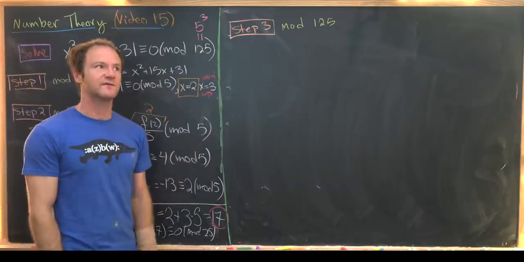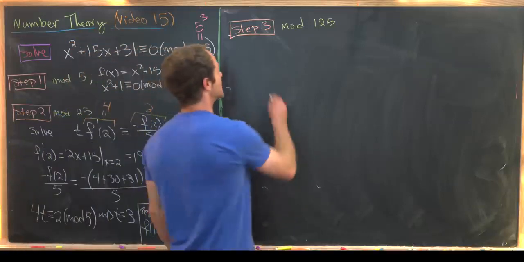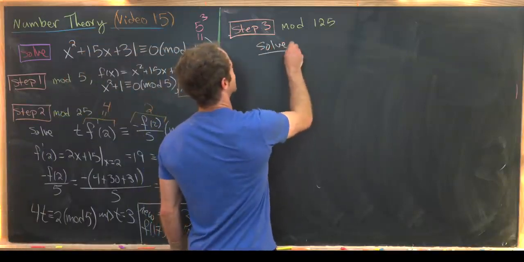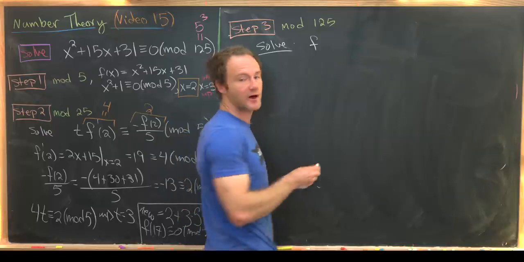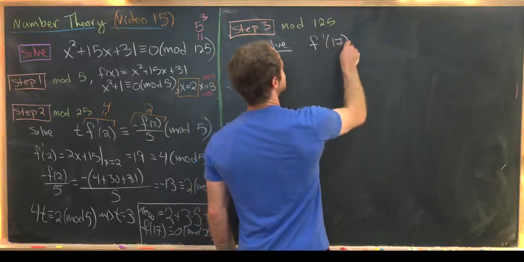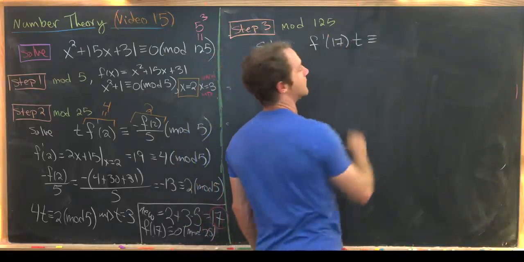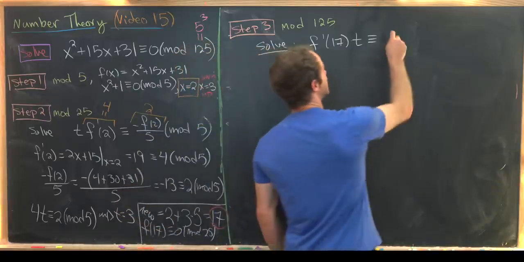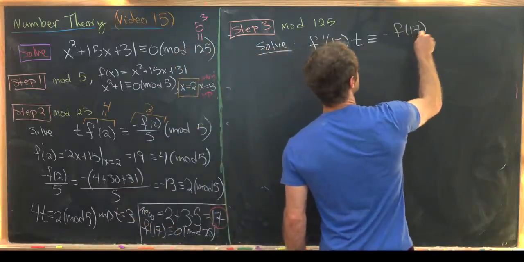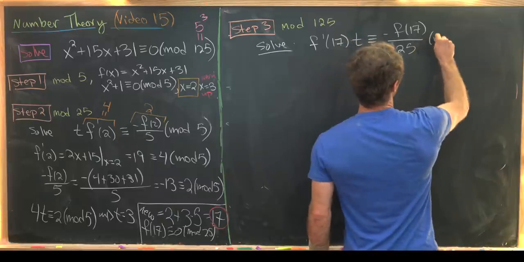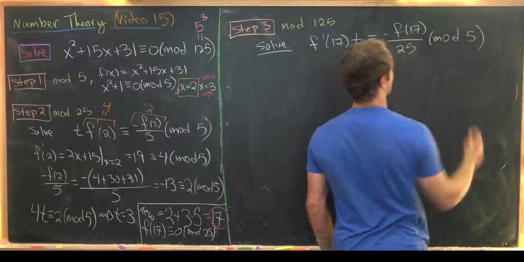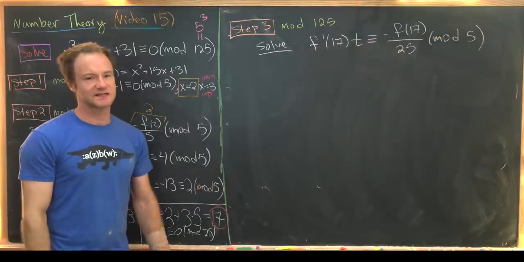Okay, so again, following the structure of Hensel's lemma, we need to solve the following congruence. So we have f prime of 17 times t must be congruent to negative f of 17 over 25, and that has to occur mod 5. So again, this is just some calculation.